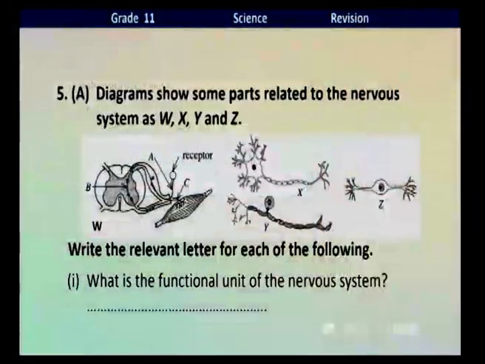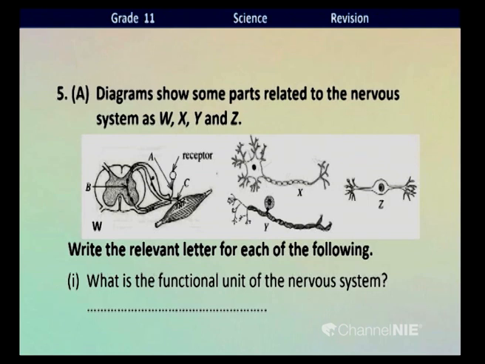Here, the diagrams show some parts related to the nervous system as W, X, Y and Z. When you observe these diagrams, children, you should be able to understand that W represents a certain action related to the nervous system, right?